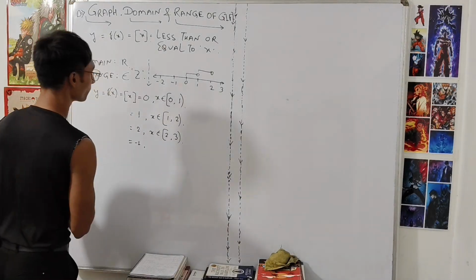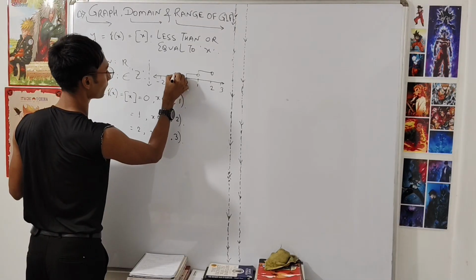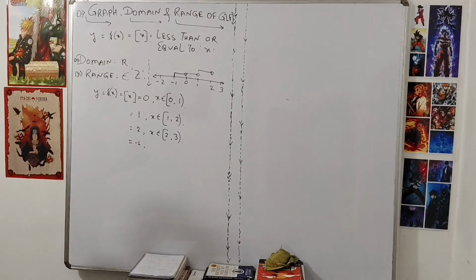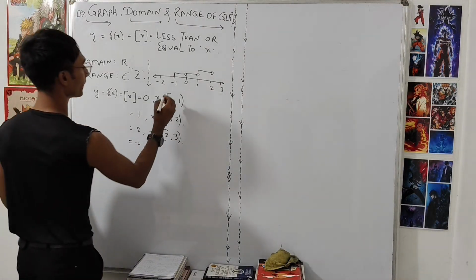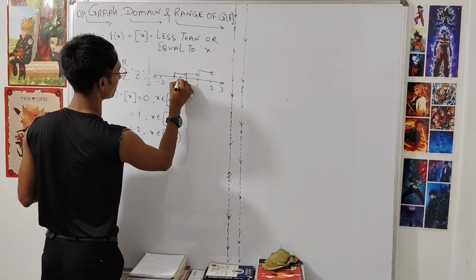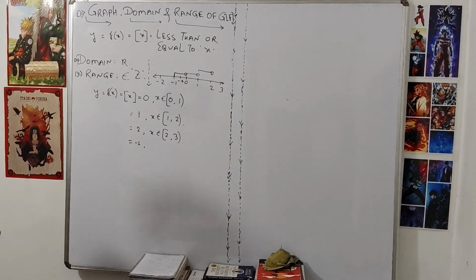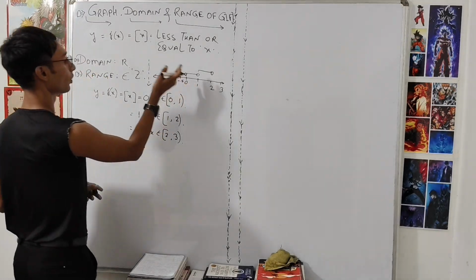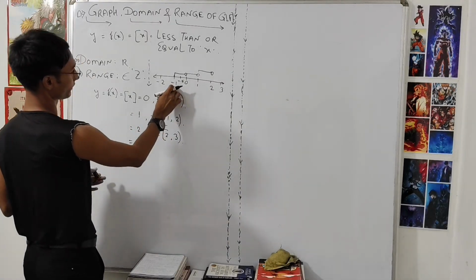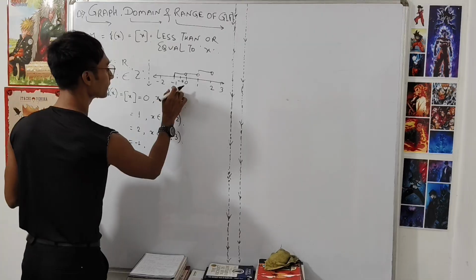In the same way, when it will produce -1, you should take this from -1 closed to 0 open. If a number is, say, minus 0.5, it will produce the previous integer, since minus 0.5 is not an integer.